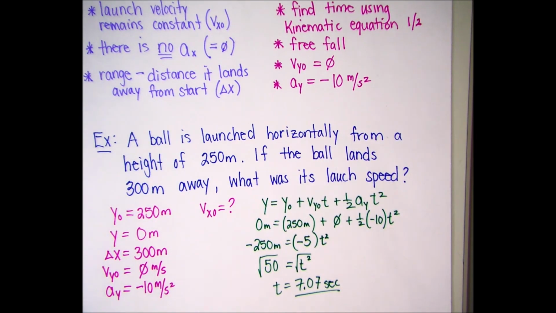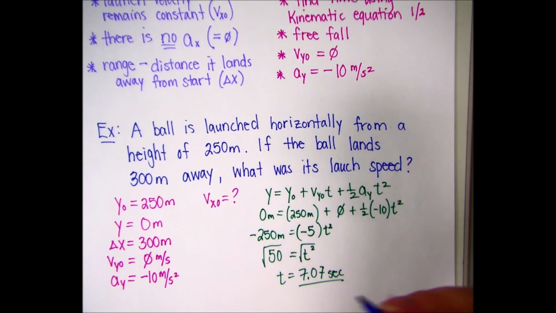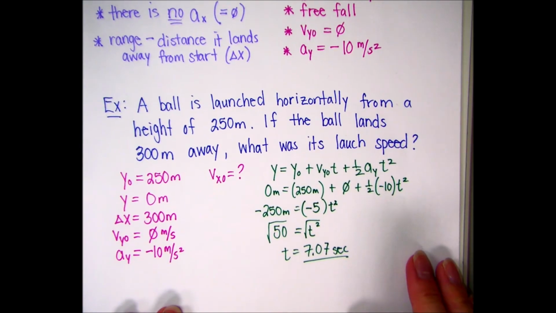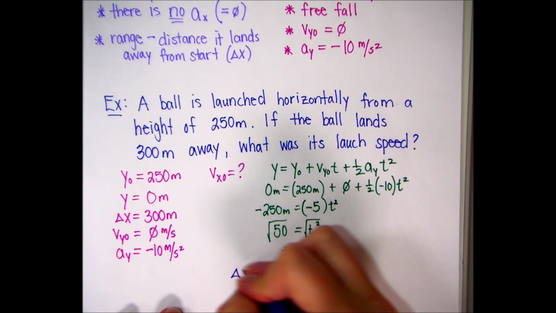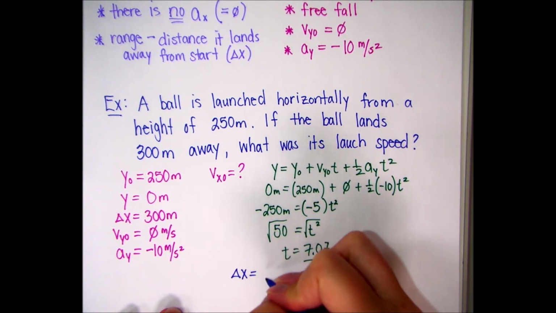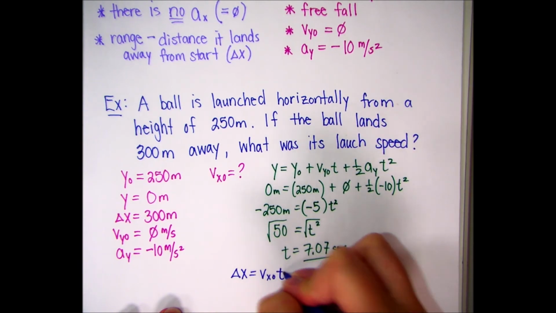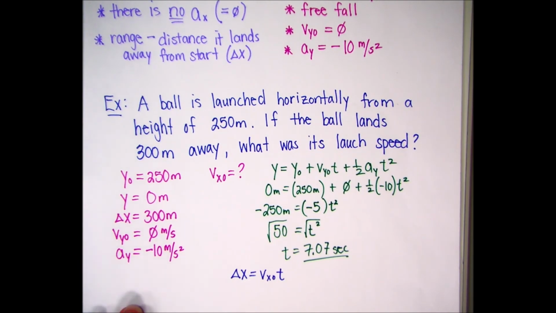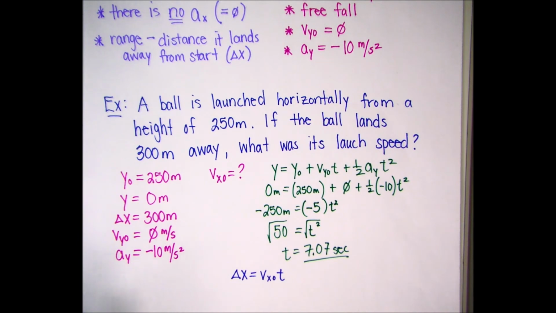Okay, the final step is finding the VXO. There's only one equation that I can use in the horizontal direction because there is no acceleration. So that's this equation, your kinematic equation number 2. But since there's no acceleration, the 1/2 at squared goes away.